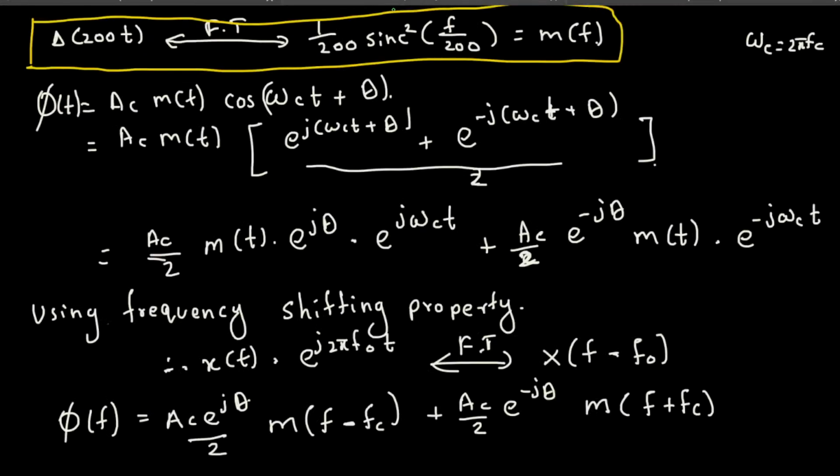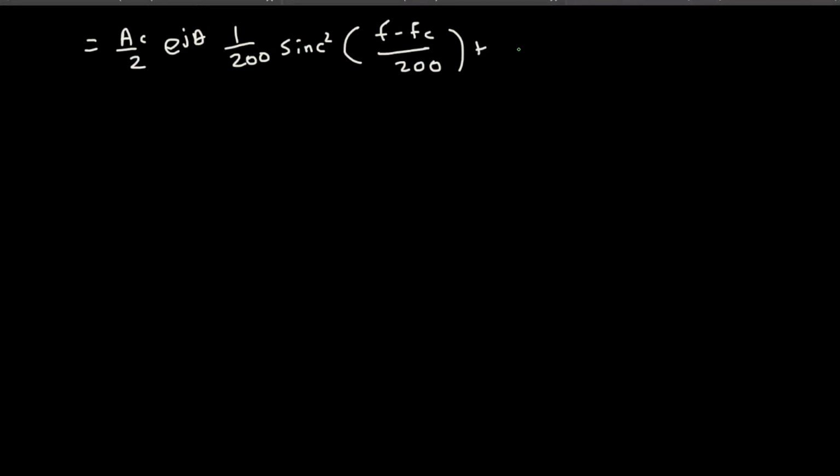I just put this value, but it comes with the shift because of the shifting property we used. Okay, and the same thing goes to the other side as well. That's AC over 2 e power minus j theta, and then 1 over 200 sinc square, here f plus fc over 200. Okay, that is it.